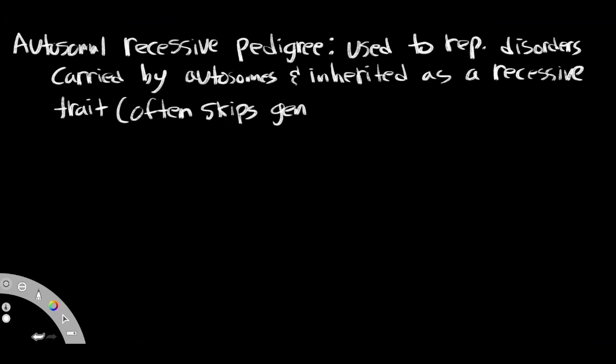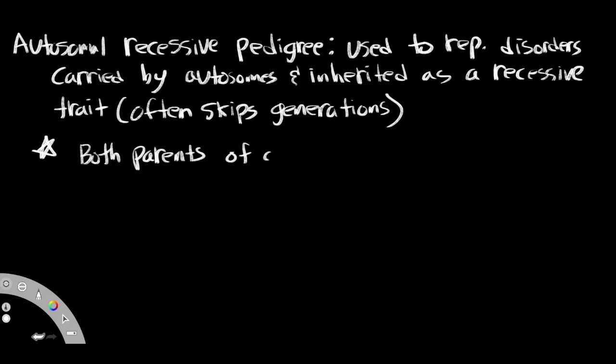And I'll show you some examples as we go along to help with your understanding of this, because they are hidden within heterozygous carriers. A good thing for you to note as well is that both parents of an affected individual must be heterozygous.